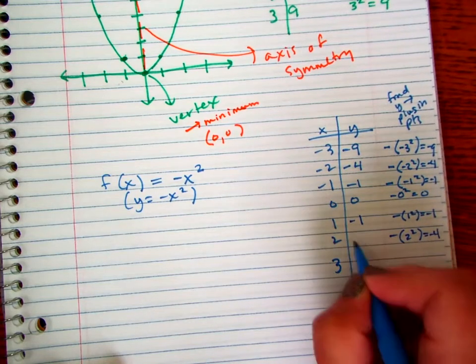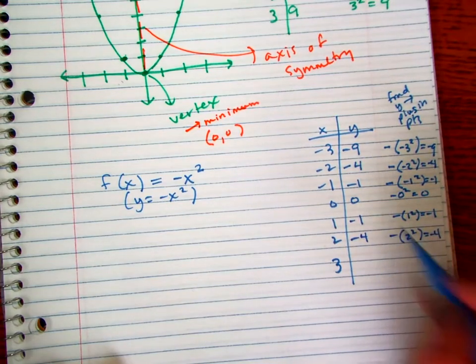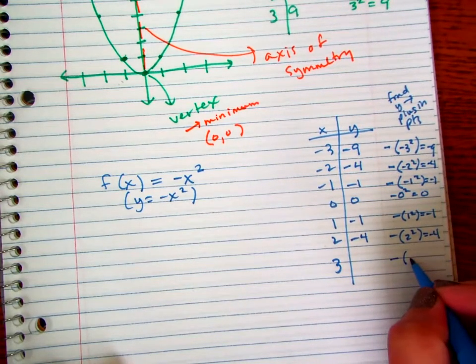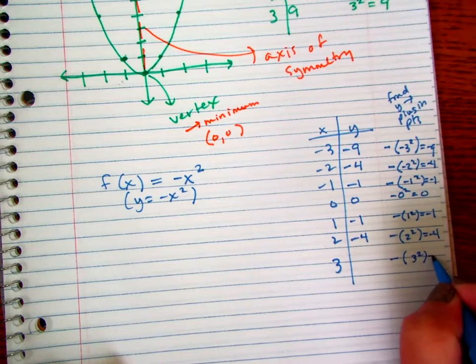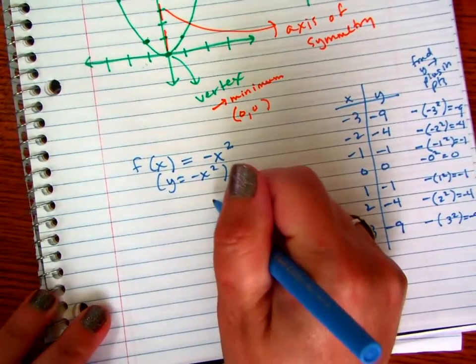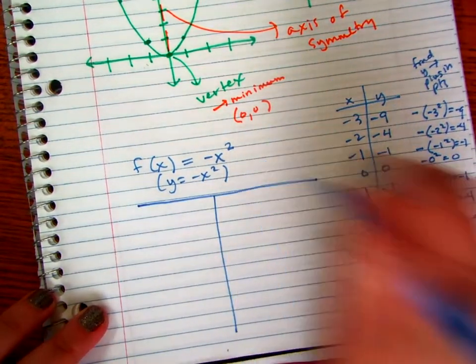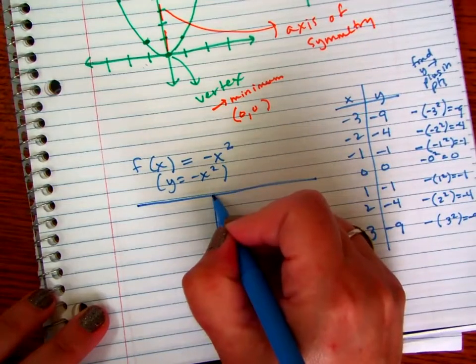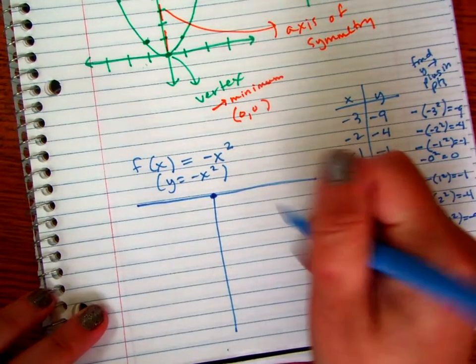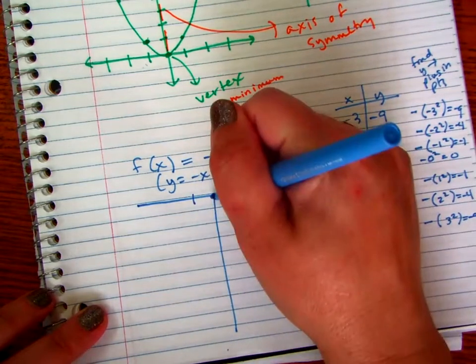You'll notice that this is also symmetric across 0. It's not always 0, but the ones we're doing right now are. So 3 squared would be -9. We do the same thing, and that 0, 0 is still the vertex, but this one's going to point downward.